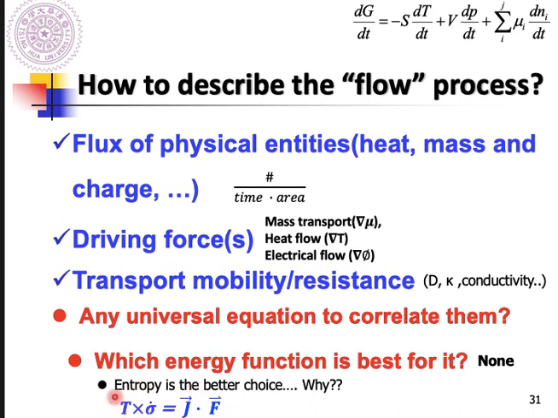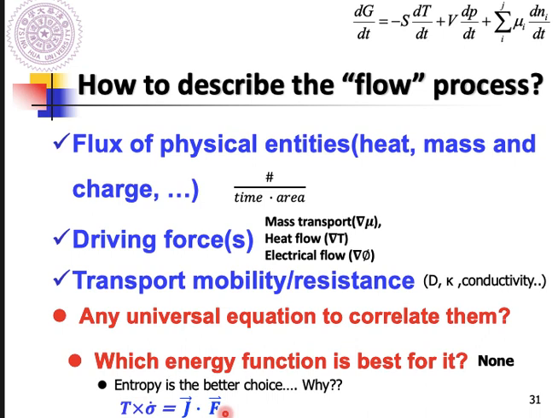Okay, so here we show you the universal equation, which is the absolute temperature times the entropy production rate, which equals the flux times the corresponding driving force applied on these systems.